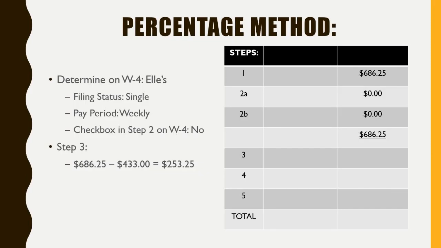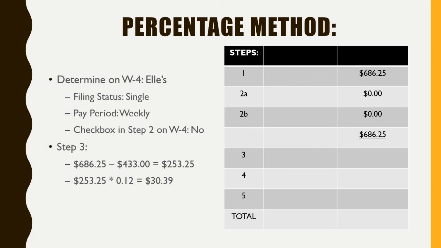So in this case, this is what we have to do. We take the total amount that she earned and subtract the amount that the government lets us keep. We get to keep $433, so in excess, she earned $253.25. We're going to tax that by 12%, because that's the percentage that she is going to be taxed at.